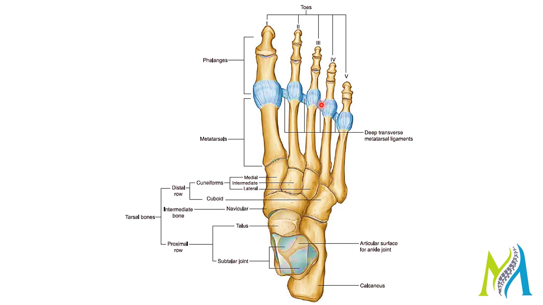Now, the metatarsophalangeal joints allow all these kinds of movements, but the range of movement is more restricted if you compare it to the hand, for example. The interphalangeal joints are hinge joints, and they allow only flexion and extension. Barely can they do other movements.